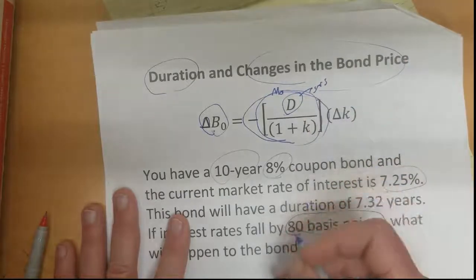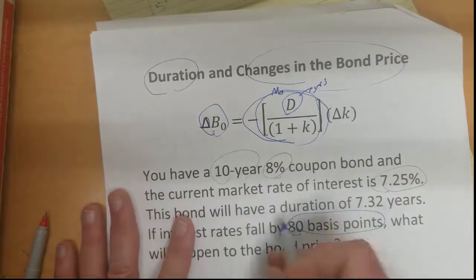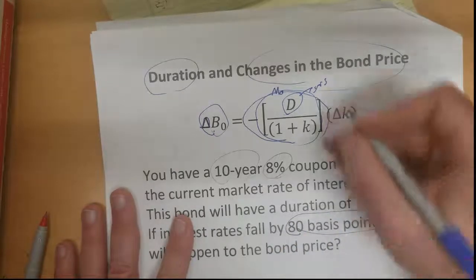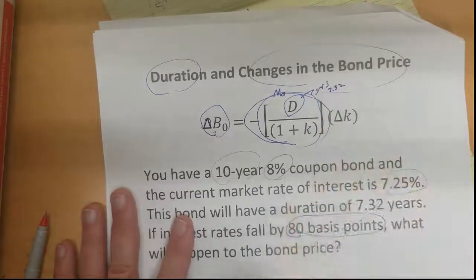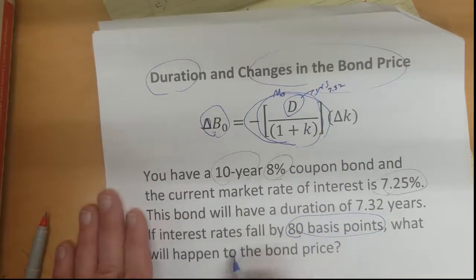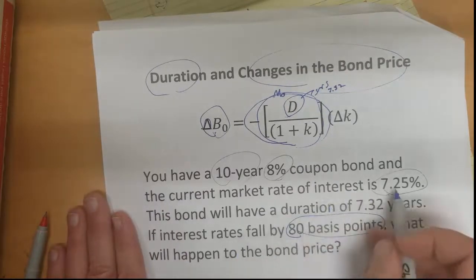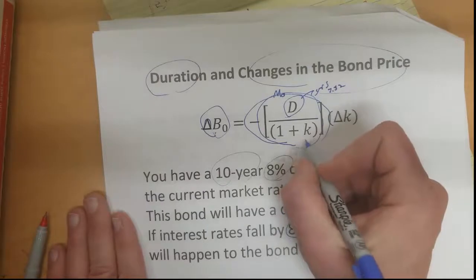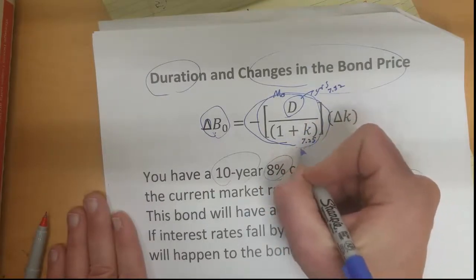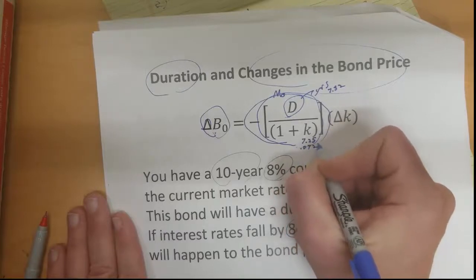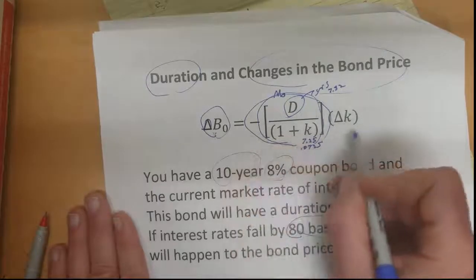In ours, the bond will have a duration of 7.32 years, so this would be 7.32. What is our going yield to maturity, or current market rate of interest? 7.25, so the yield to maturity would be 0.0725.